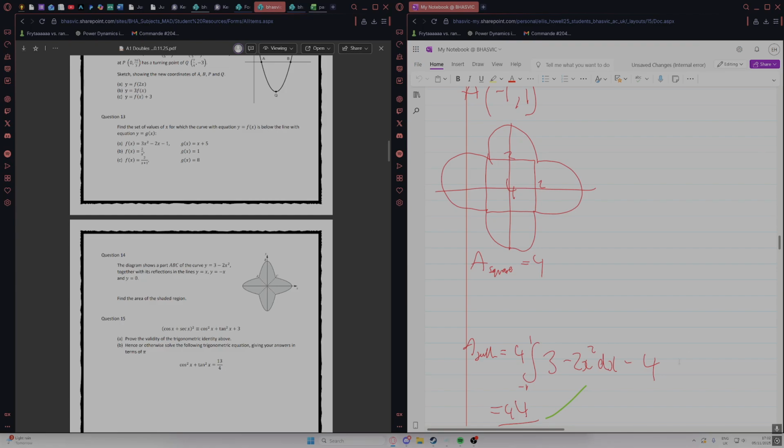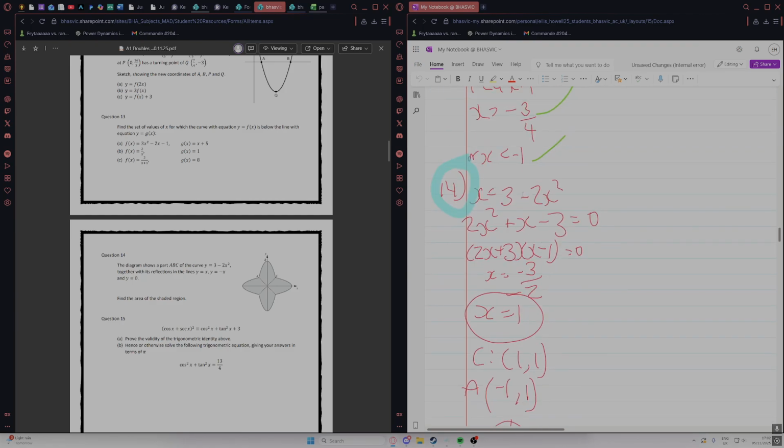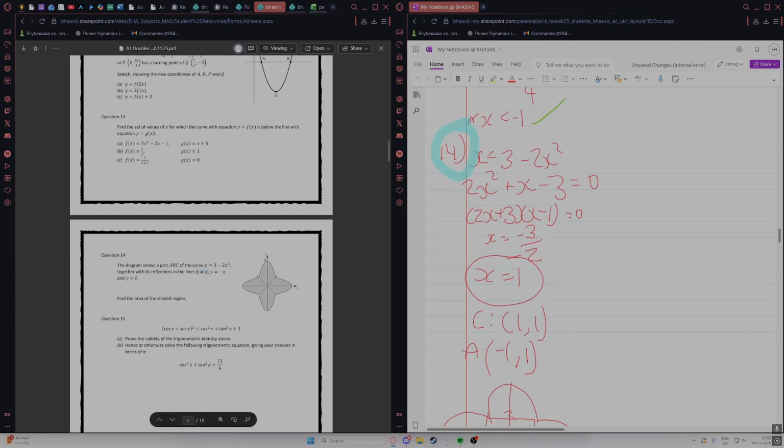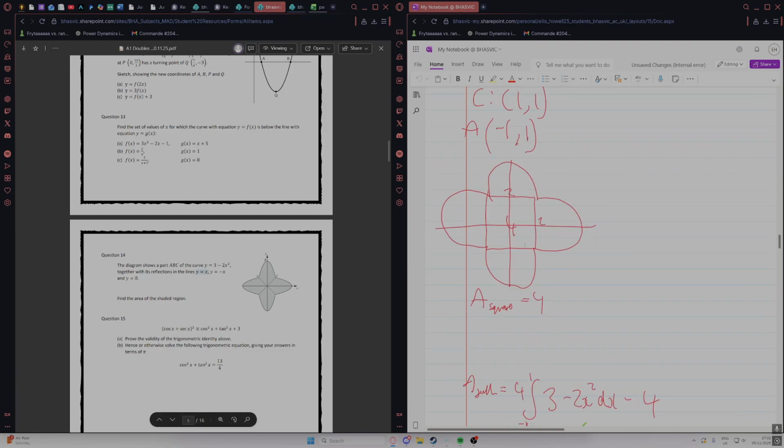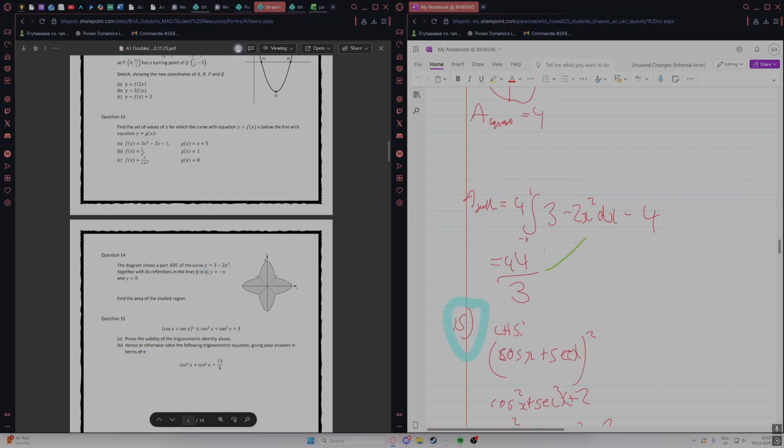So you just subtract 1 of the squares, so you can get all 4 curves plus the square. And I just firstly set it equal to y equals x, because that's where it says the line's y equals x. So that's how you find a and c, by setting it to x and negative x. Find the points of intersection, and then use those as the bounds for the integration, and then subtract a square, which gives you this answer.